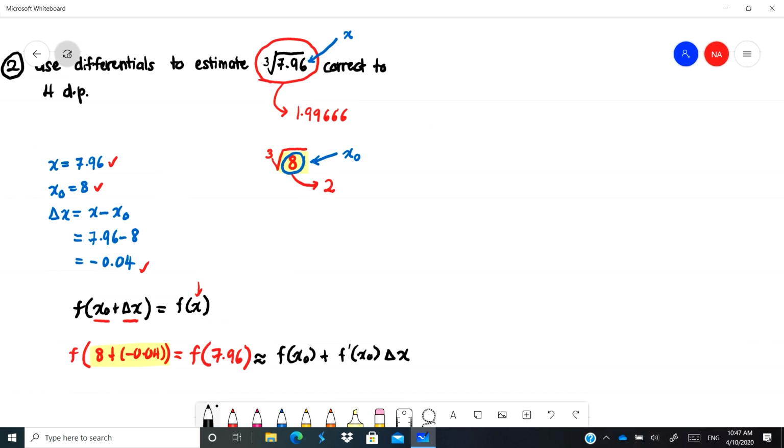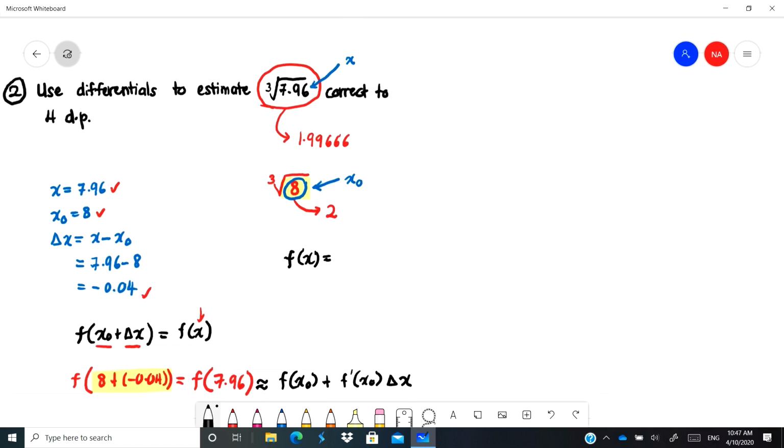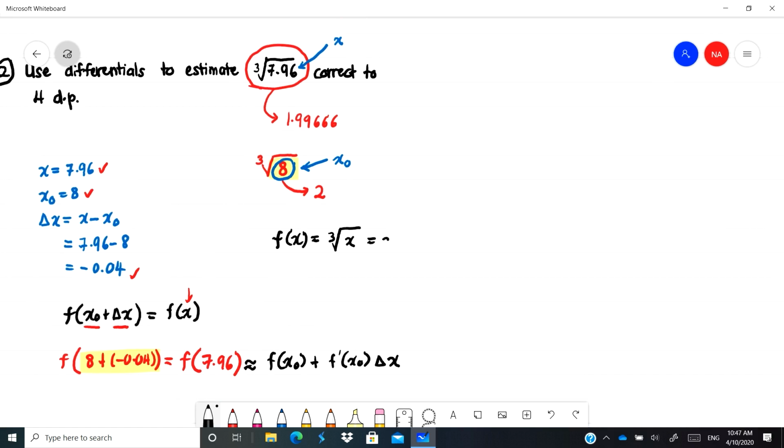In this case, f(x) is the cube root of x, or we can write it as x to the power of 1/3, because x is 7.96 and that part will be substituted with x.